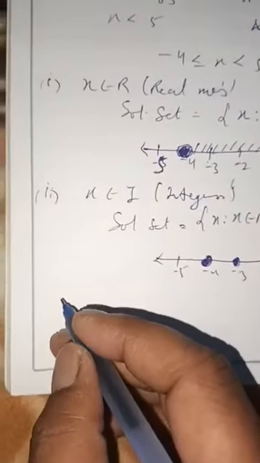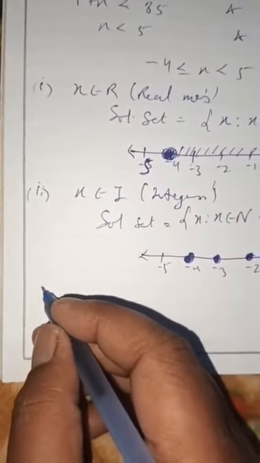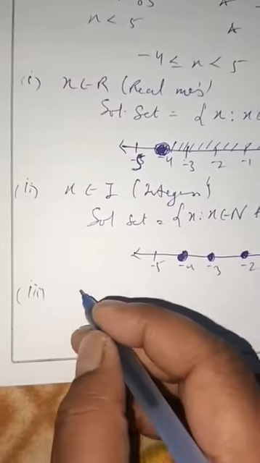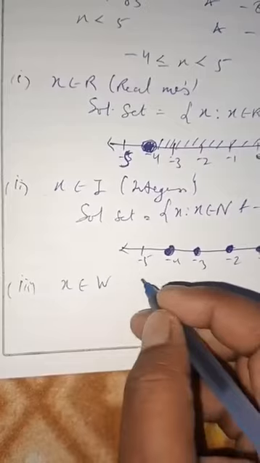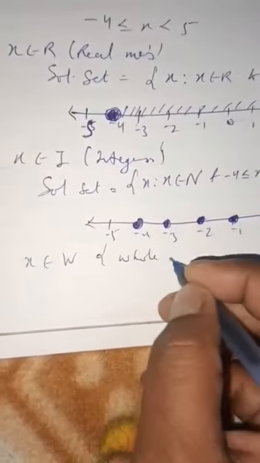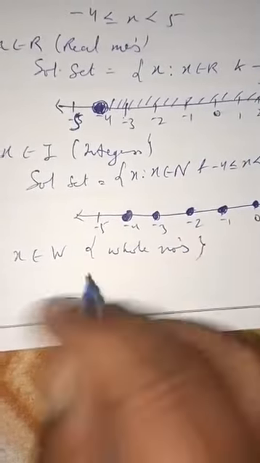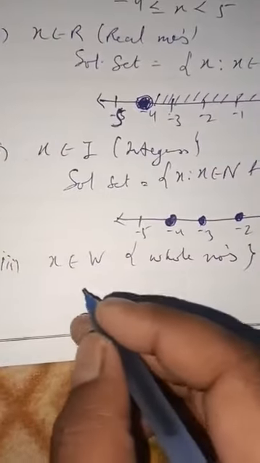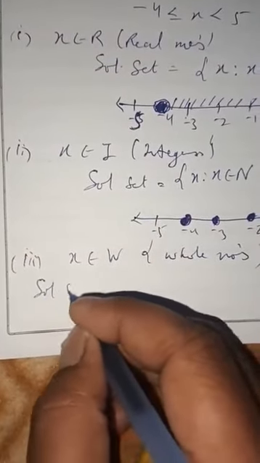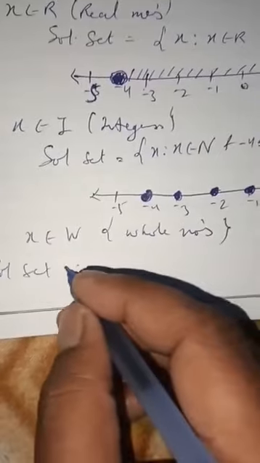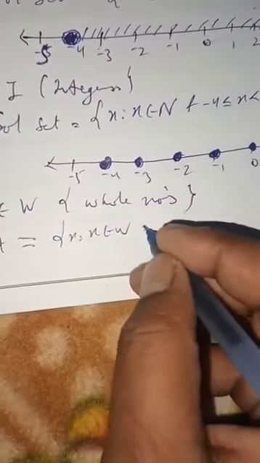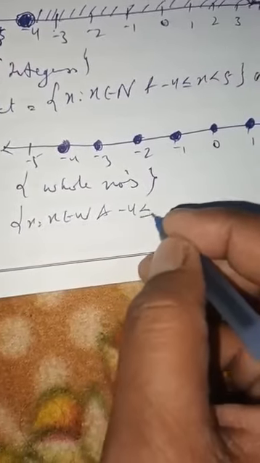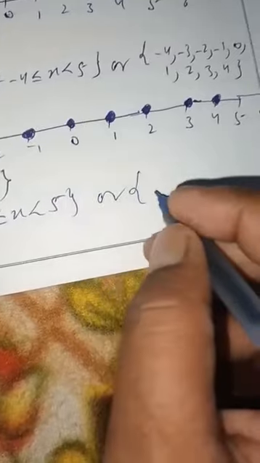Now the third thing, when x belongs to W, the set of whole numbers. If it belongs to the set of whole numbers, then in this case the solution set either can be written in set builder form, x such that x belongs to W and minus 4 is lesser than or equal to x is lesser than 5, or can be written in tabular form.